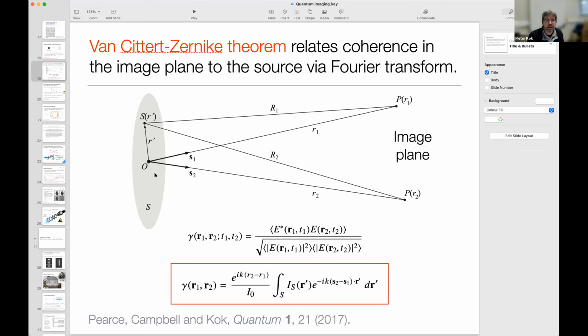I'm trying to remember how we did this, because this was before 2017. I think this is a purely classical expression for the complex degree of coherence, for the classical Fisher information. But in order to compare this to the quantum Fisher information, we had to calculate the quantum Fisher information for the light in there.